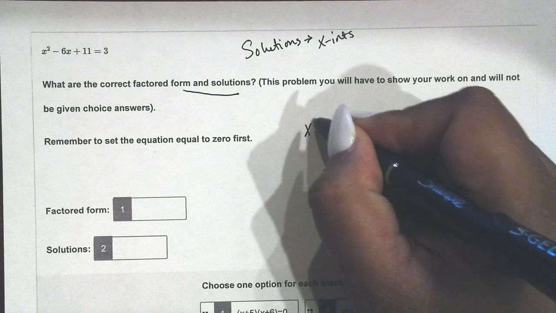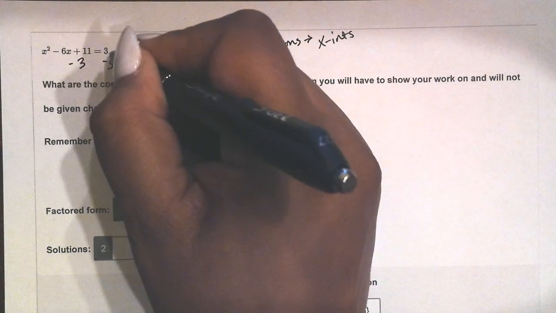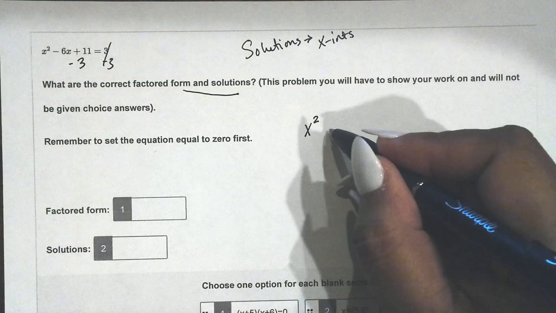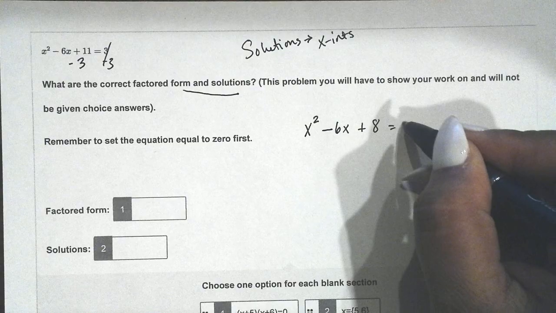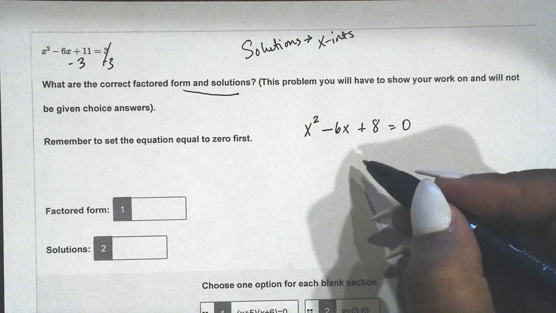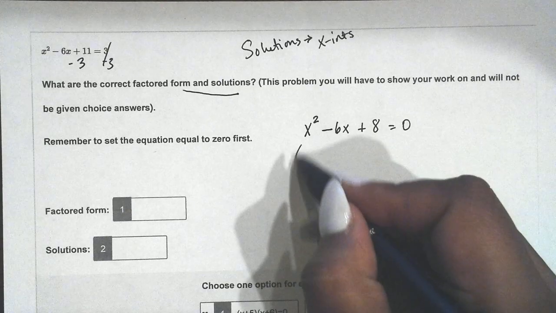So all we have to do is subtract the 3 from both sides, and we have x squared minus 6x plus 8 equal to 0. Now, this is where you have to factor.